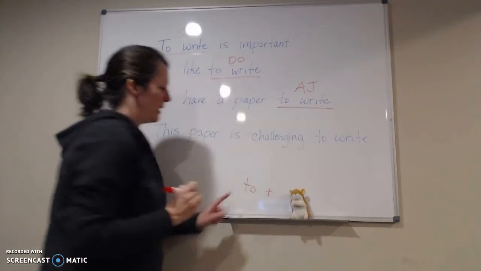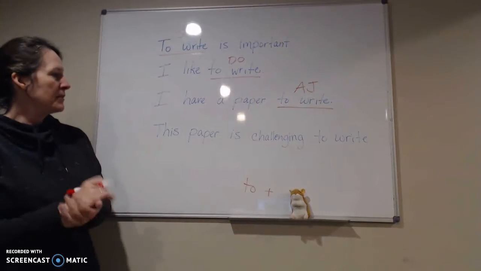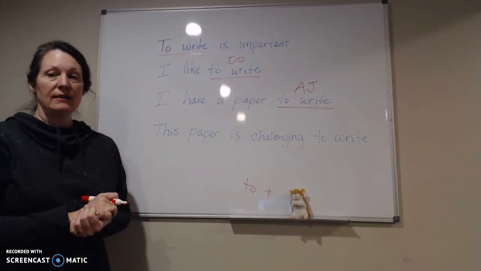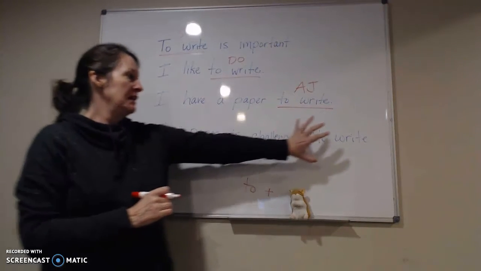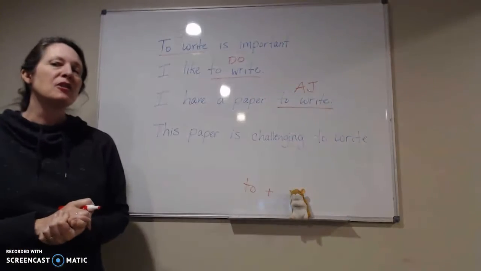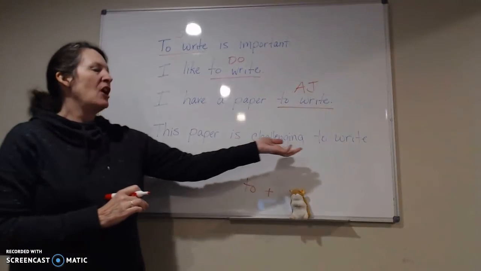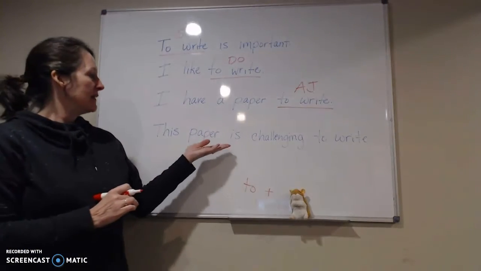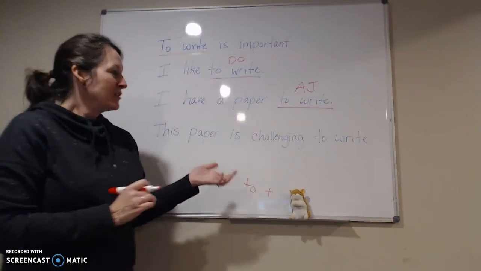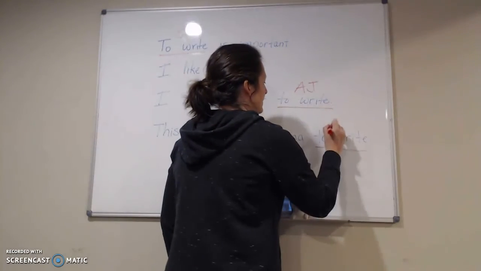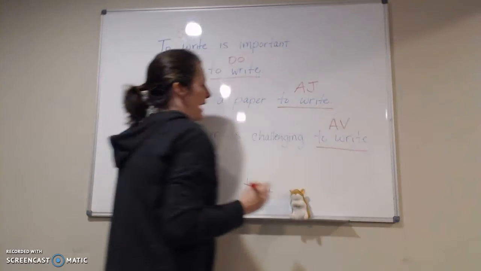To plus a verb. "This paper is challenging to write." This paper is challenging. I could actually leave this off so I know that it's a modifier. It's going to tell me a little bit more about the sentence, and in this case it's telling me more about is challenging. And it's actually doing the job, in this case, of an adverb.